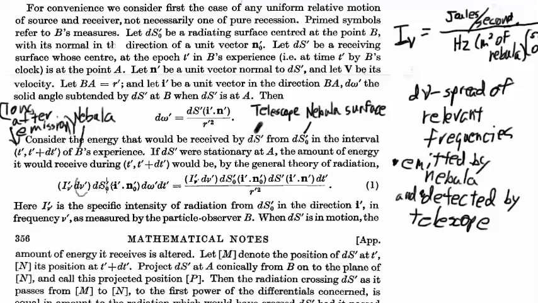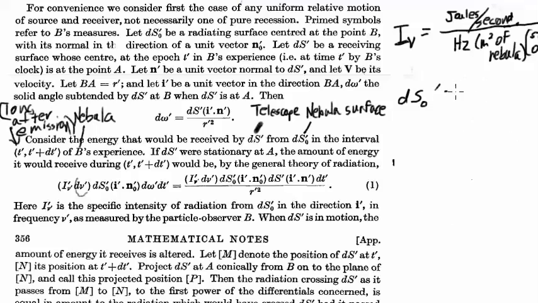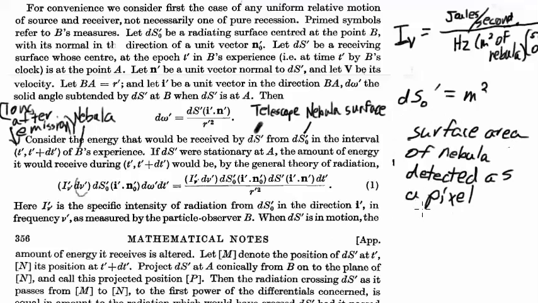Then ds naught prime is going to be measured in square meters because it is the surface area. Let's say it is the surface area of the nebula that is detected as a pixel by the telescope.